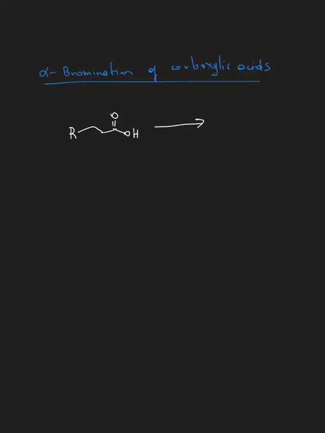So for the alpha bromination of carboxylic acids, we'll use slightly different conditions, in a way that we'll use Br2 and PBr3, which will initially give us this compound, but if we treat this with water, the net reaction is just making the alpha bromo carboxylic acid.